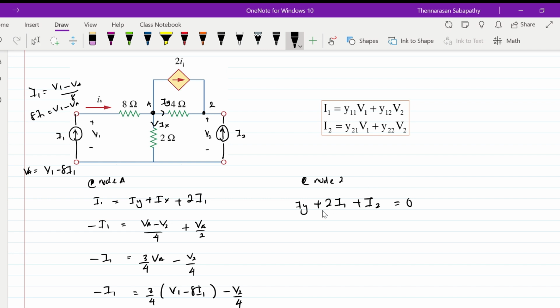And Iy, same like before, is VA minus V2 over 4, plus 2I1 plus I2 equals 0. I don't want to have a 4 here, so I'm going to multiply the whole equation by 4. So VA minus V2 plus 8I1 plus 4I2 equals 0.